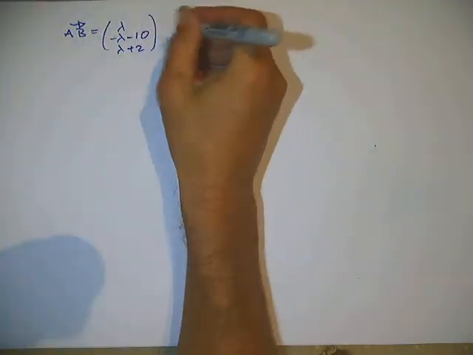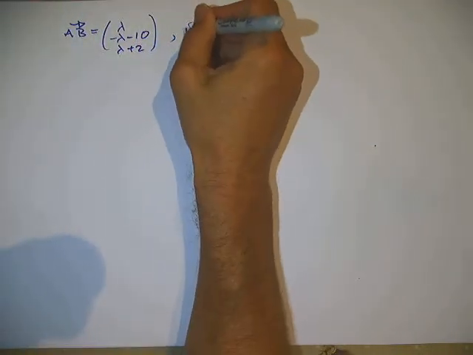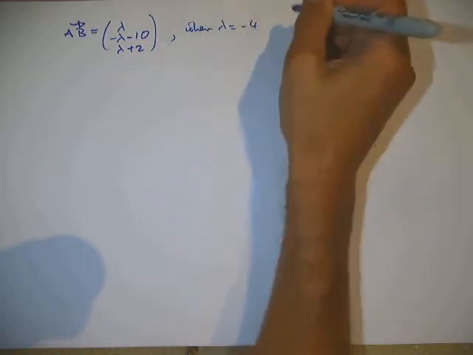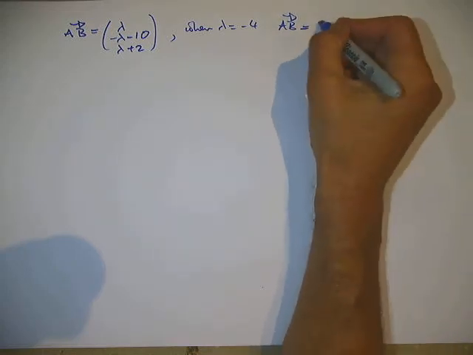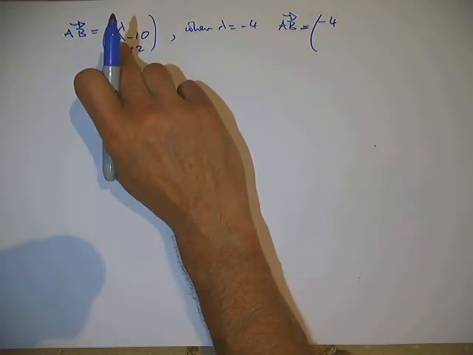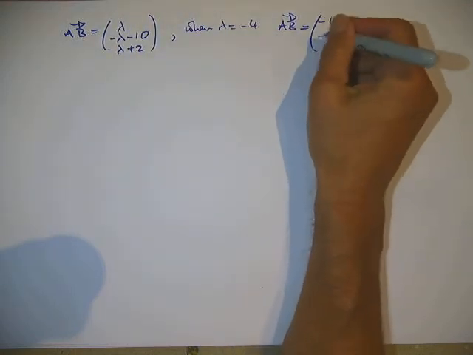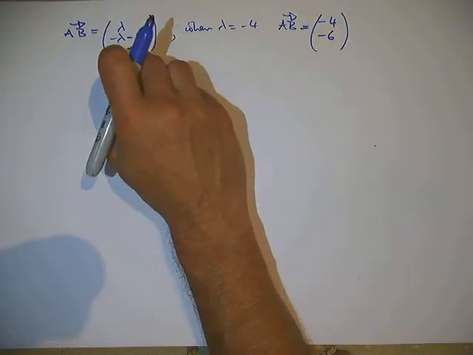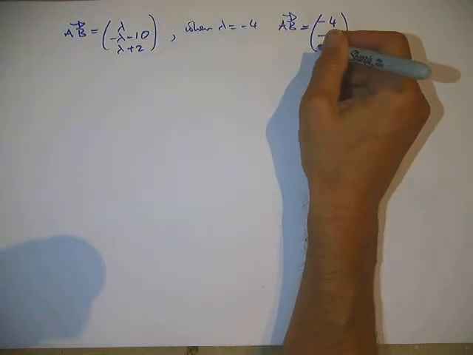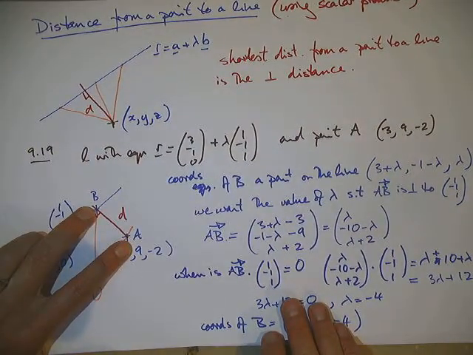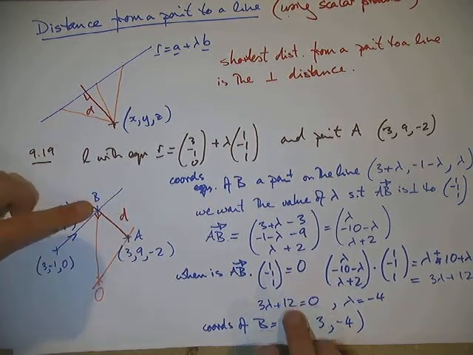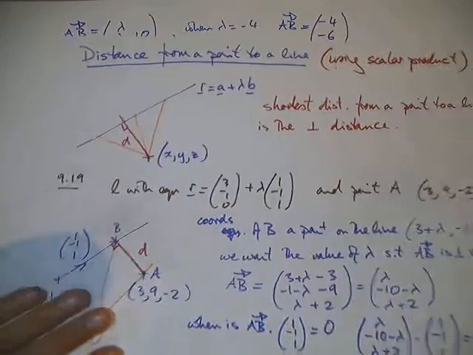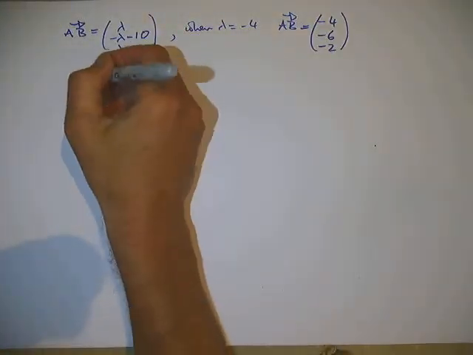So when lambda is minus 4, AB is minus 4, minus 4 take 10 is minus 6, minus 4 plus 2 is minus 2. Why on earth are we doing that? We want the length of that line when AB is perpendicular to that line. When these two things are perpendicular, B has that value, AB has this value.